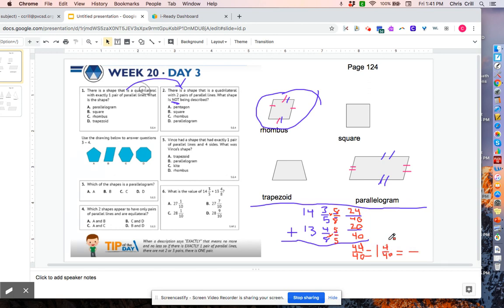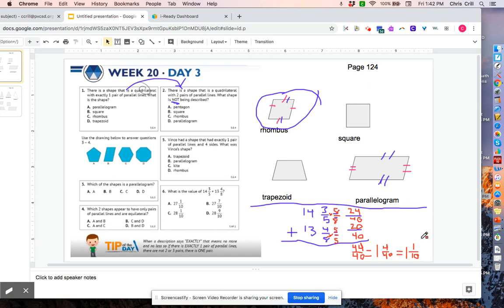I can divide each by 4. 4 divided by 4 is 1. 40 divided by 4, how many times does 4 go into 40? 10 times. So we have 44 40ths equals 1 and 4 40ths, which is equal to 1 and 1/10.